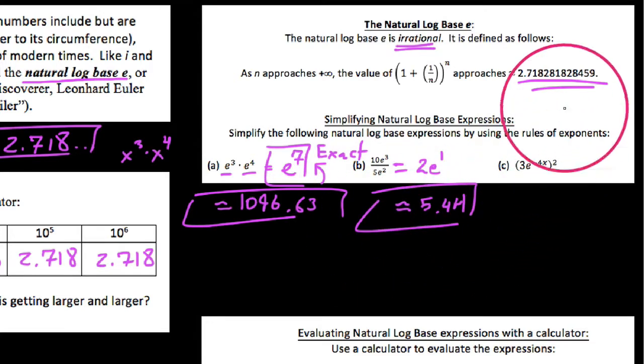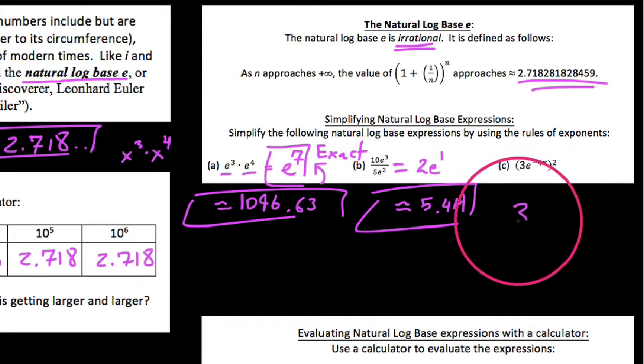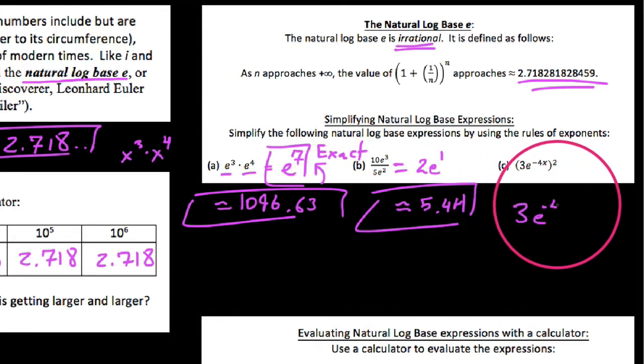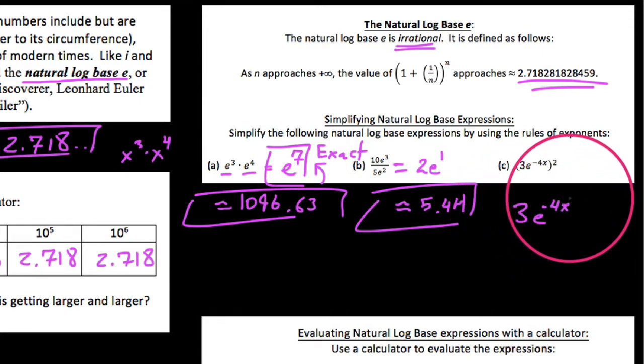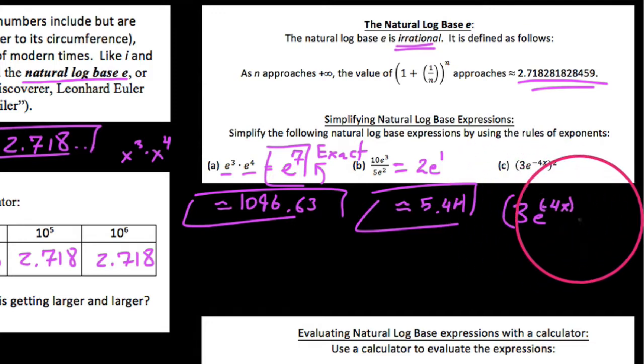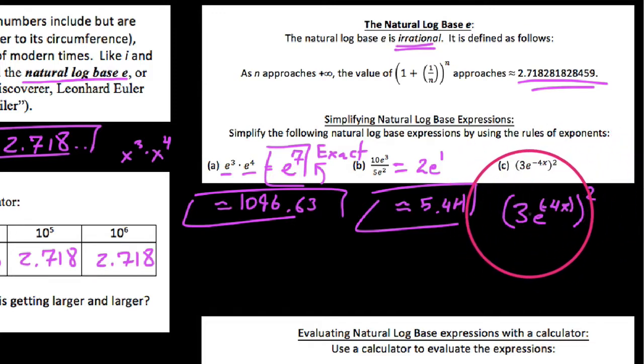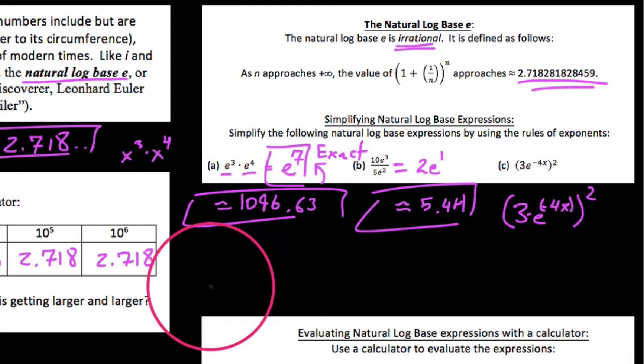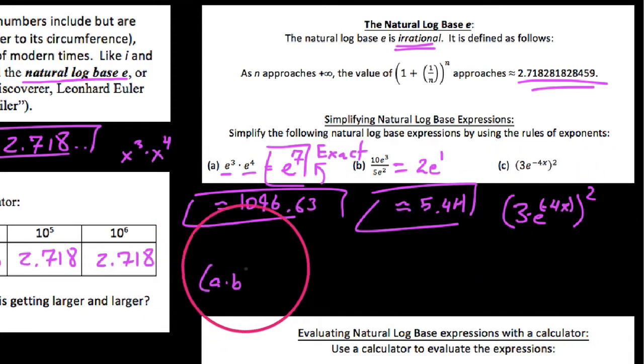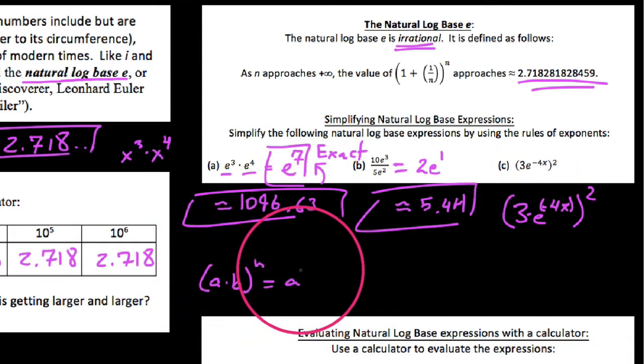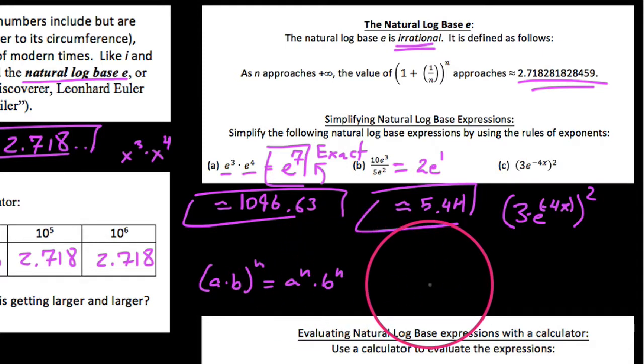And then last but not least here, notice that we have, and I'm going to rewrite this here, 3e to the negative 4x. Now, I have a variable value in my exponent, and we're taking all of this to the second power. So we're going to be using our property of exponents that says if you were to take a product to the power of n, you would take every factor in that product to the power of n.